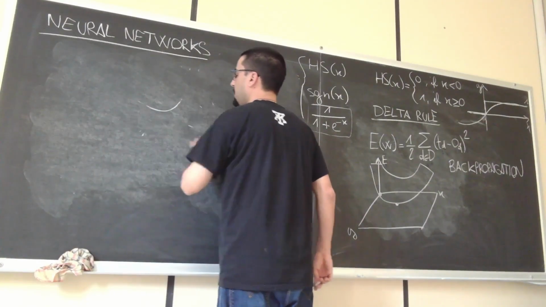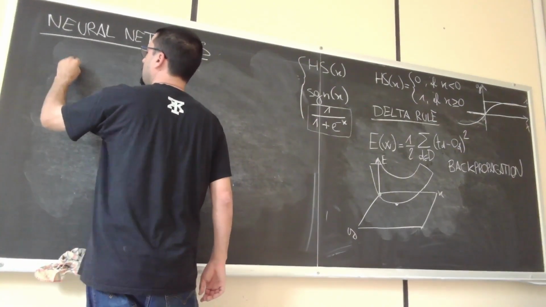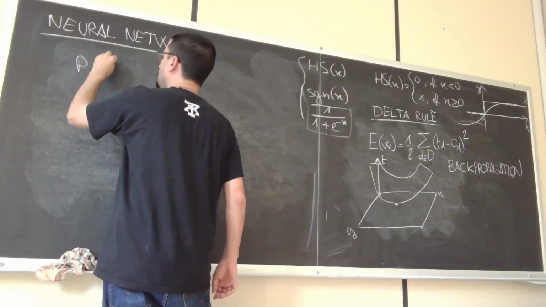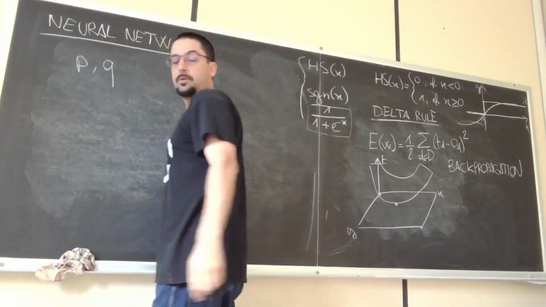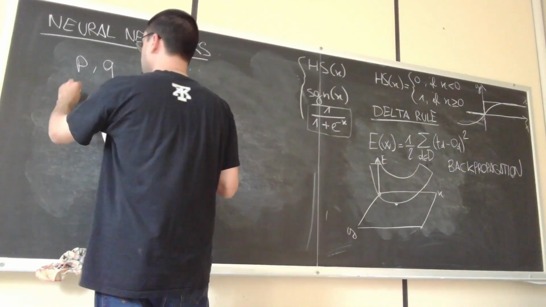Cross entropy starts from the idea that you have two discrete probability distributions, P and Q. Then you compute what is called the cross entropy, which is basically this formula.